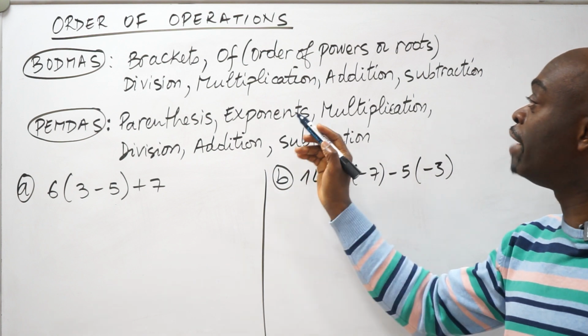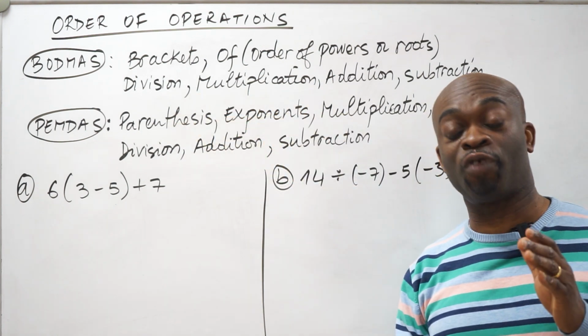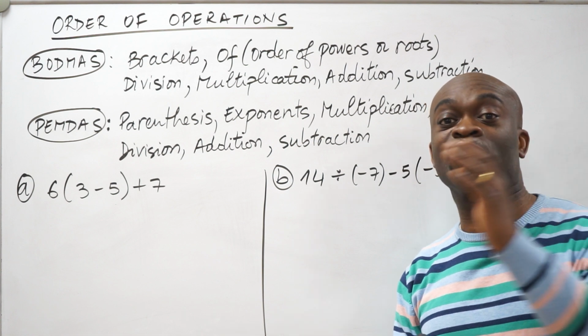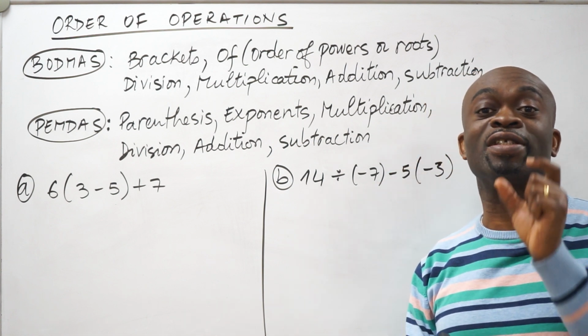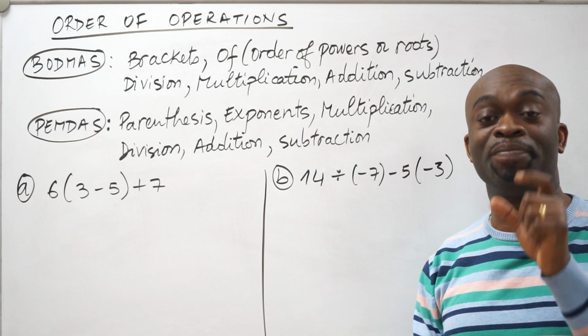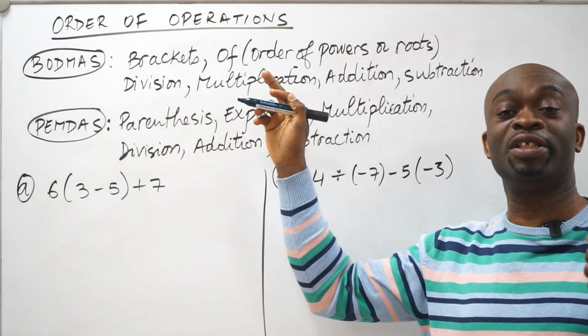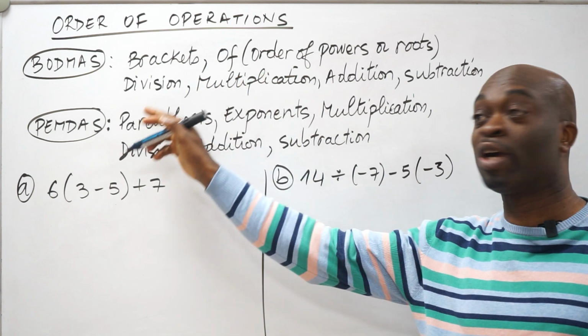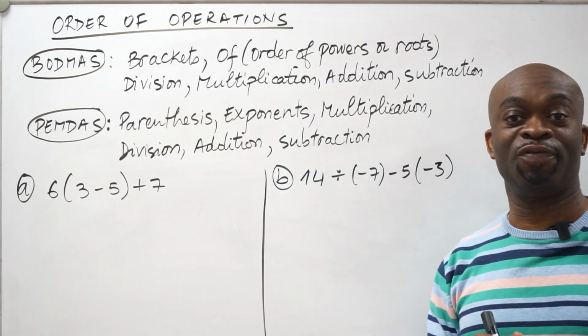If you're dealing with division and multiplication, whichever comes first, from the left to the right as you're doing your operation, that's the one that you operate first. Meaning, if you have division before multiplication, you do the division first. Or if you have multiplication before division, you do the multiplication first.